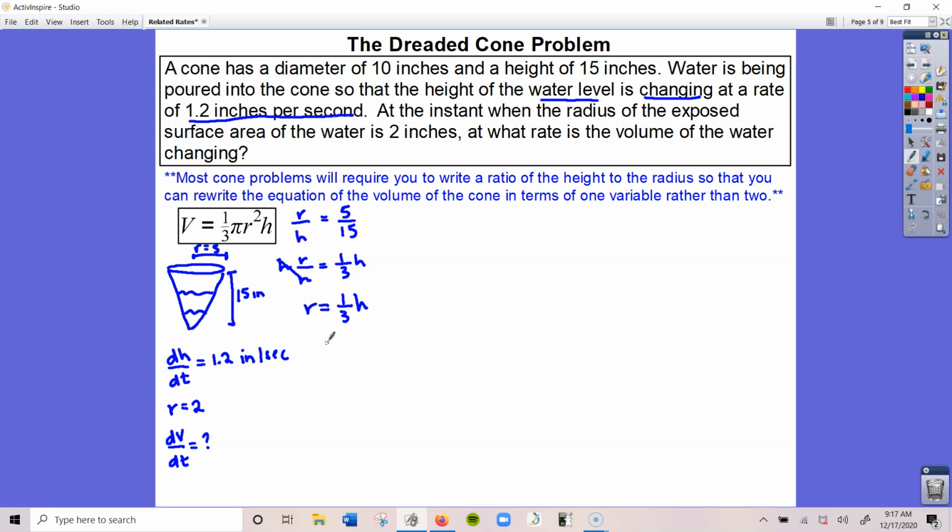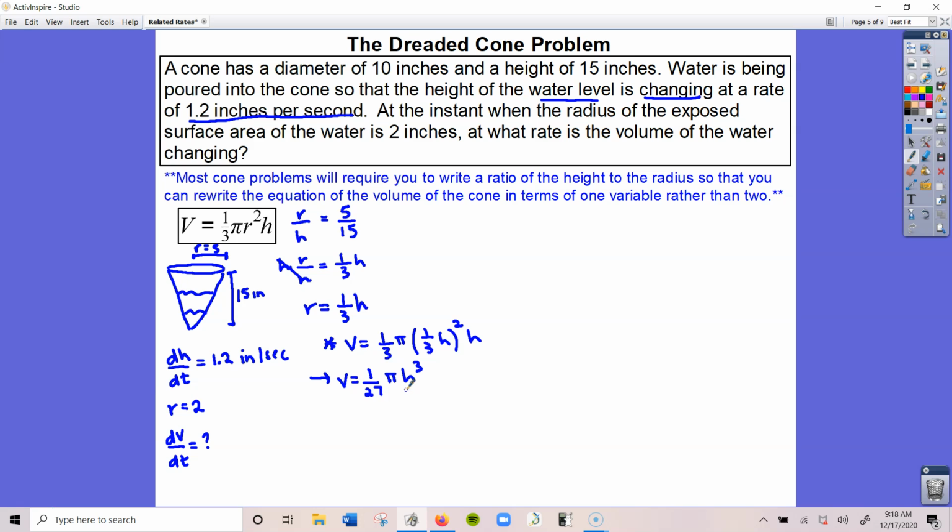Now I take my volume equation and instead of using the radius squared, I'm going to use this 1/3 h, and then I'll square that instead. So now I'm going to rewrite this equation by simplifying. Volume is equal to 1/3 h squared, that's 1/9 h squared. 1/9 times 1/3 is 1/27 pi, and then h squared times h is h to the third.